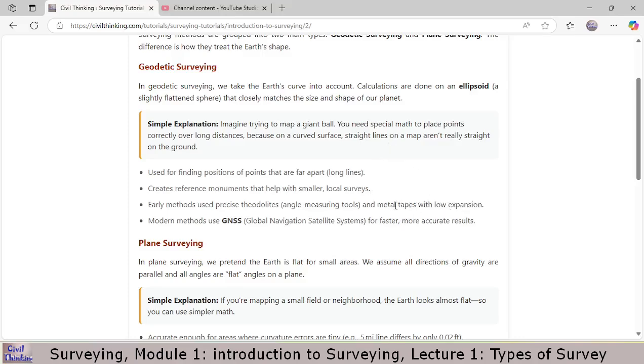Because the tapes are metal, they expand or shrink with change in temperature, right? So we have to choose less temperature sensitive ones, and when the coefficient of thermal expansion is low, they are less temperature sensitive.